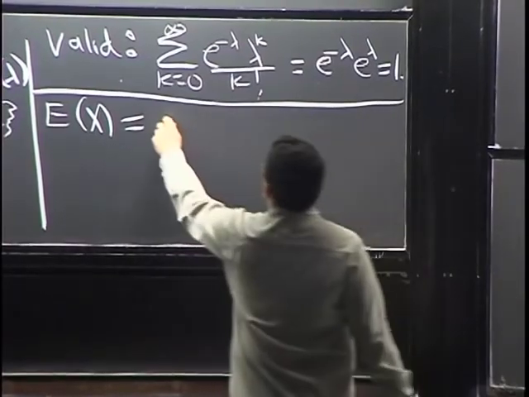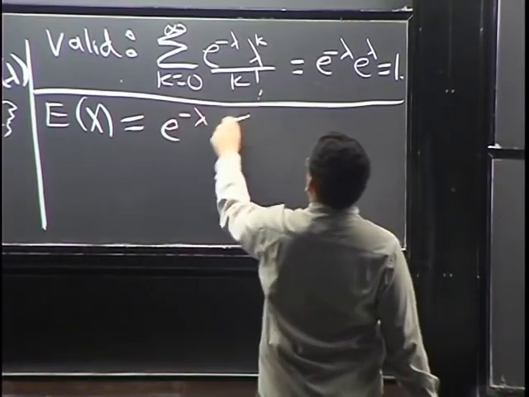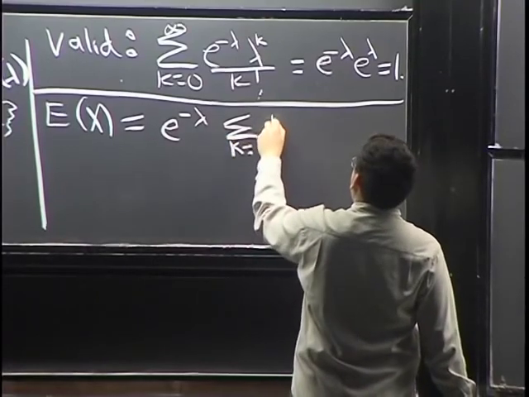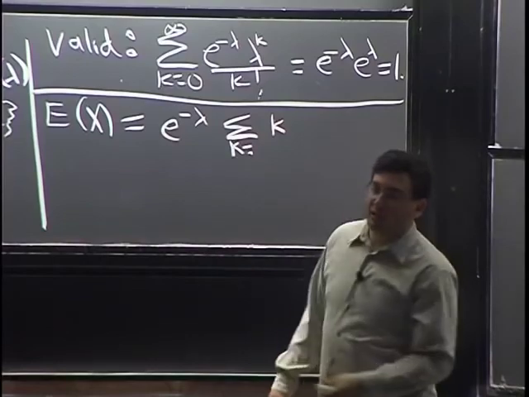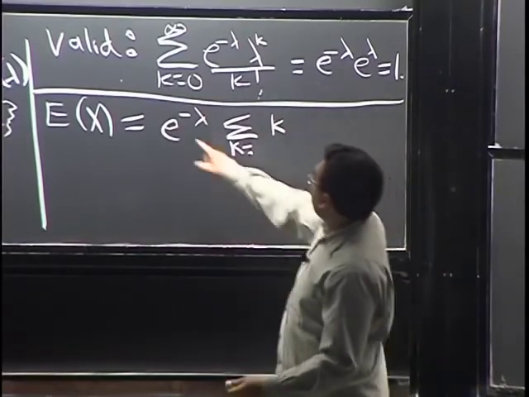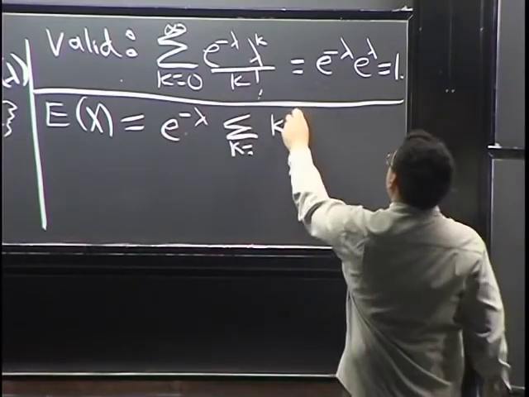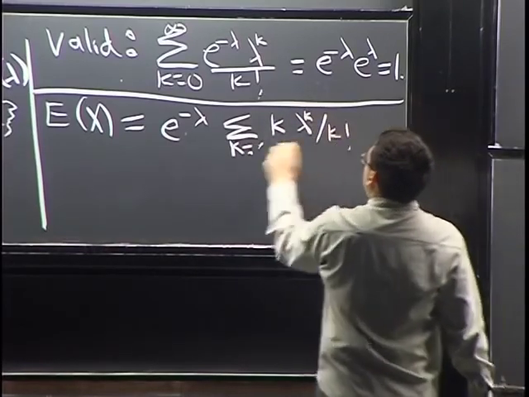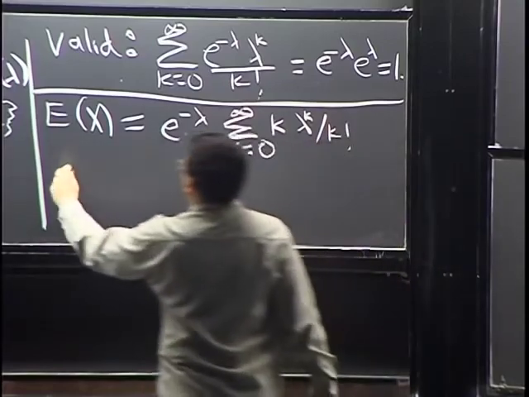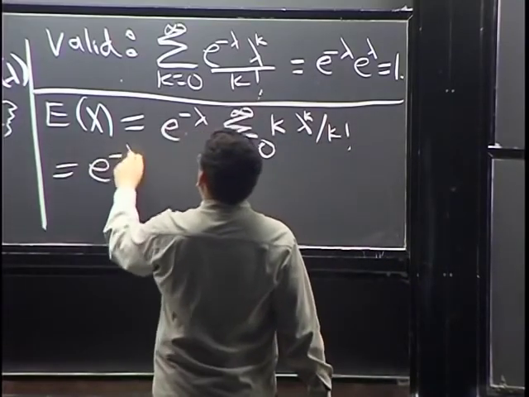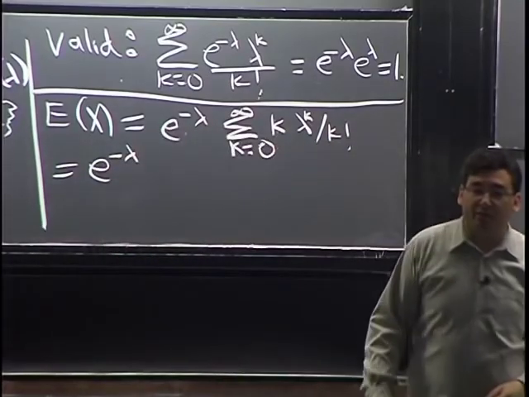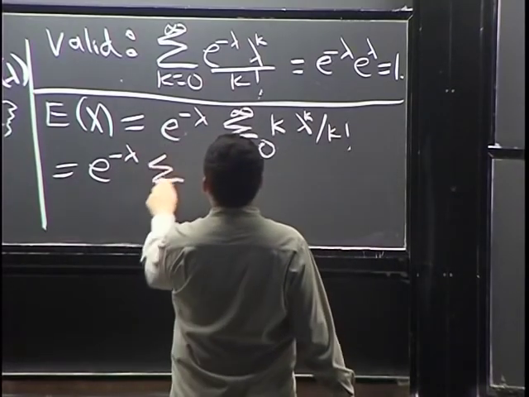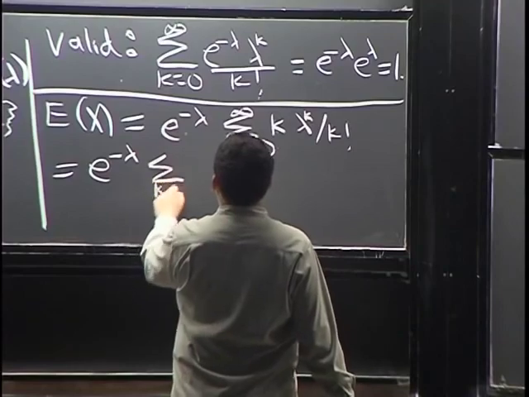So I'll take out the e to the minus lambda because that's just a constant. So what we're doing is just adding up k, that's the value, times the probability of the value, which is e to the minus lambda, lambda to the k over k factorial, from 0 to infinity. But when k is 0, this is 0 anyway, so we may as well start the sum at 1. So let's go from 1 to infinity.